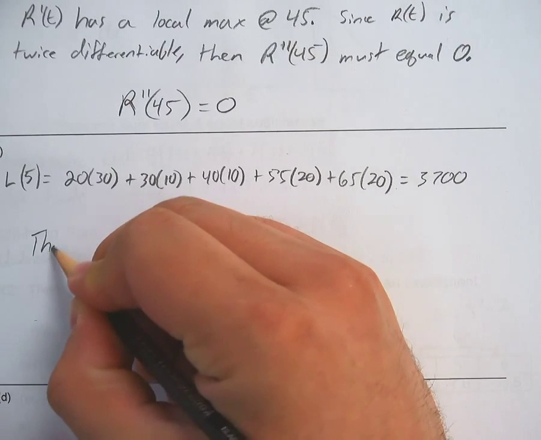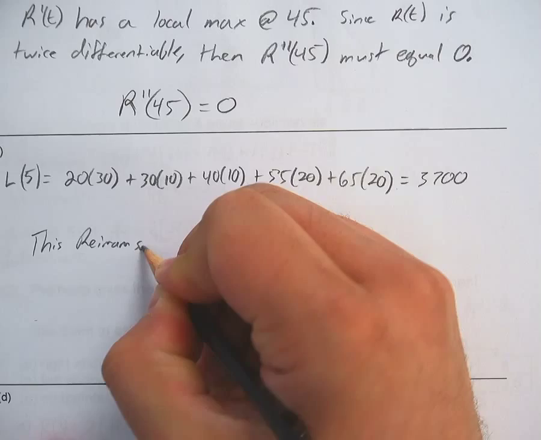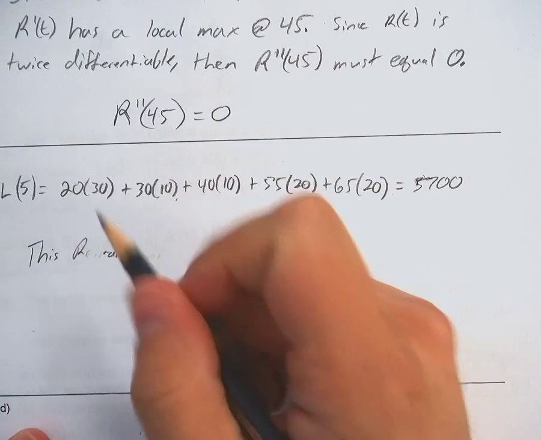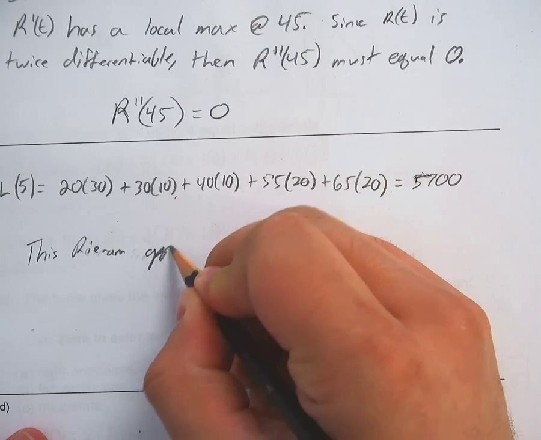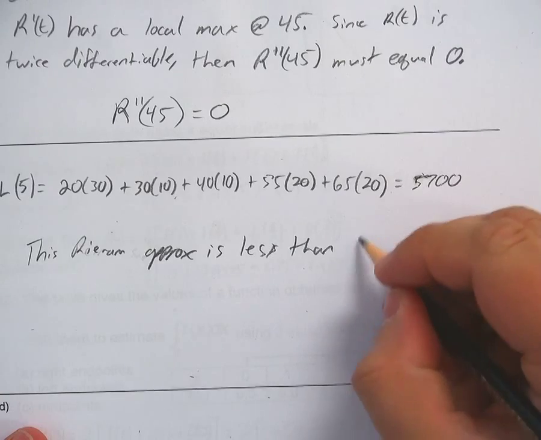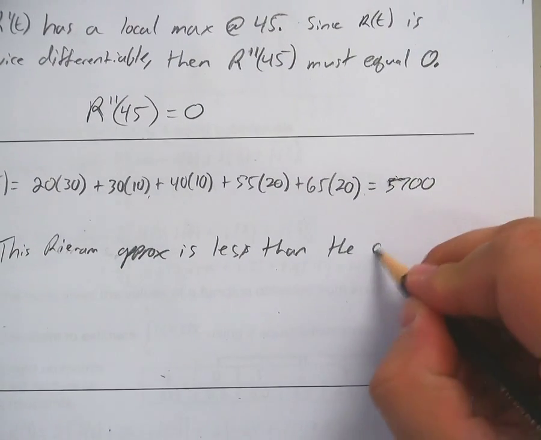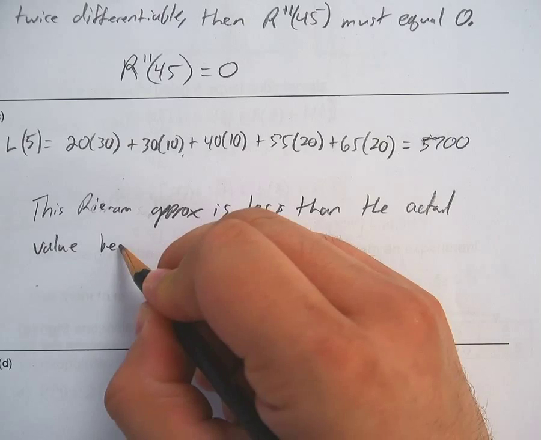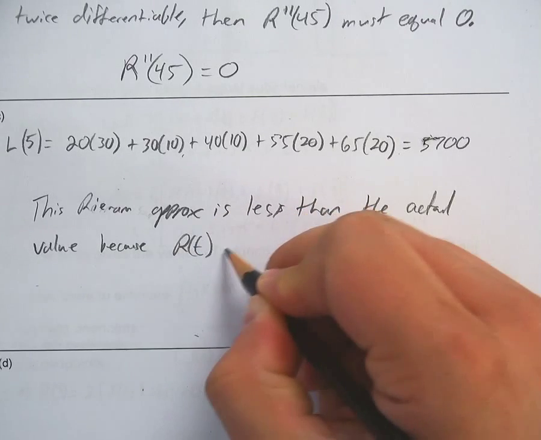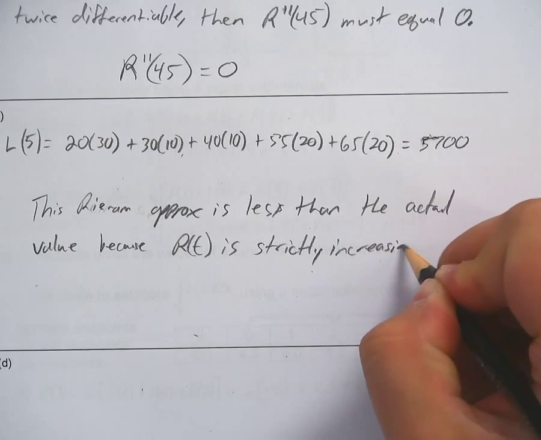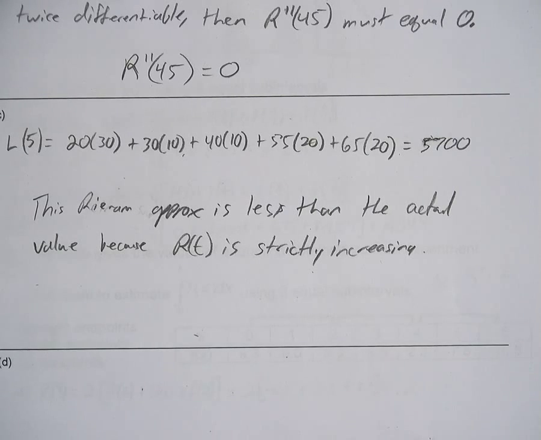Since you're strictly increasing using a left Riemann sum, this Riemann approximation is less than the actual value, and that is because r of t is strictly increasing. I misspelled Riemann. It's R-I-E, excuse that. Messy handwriting.